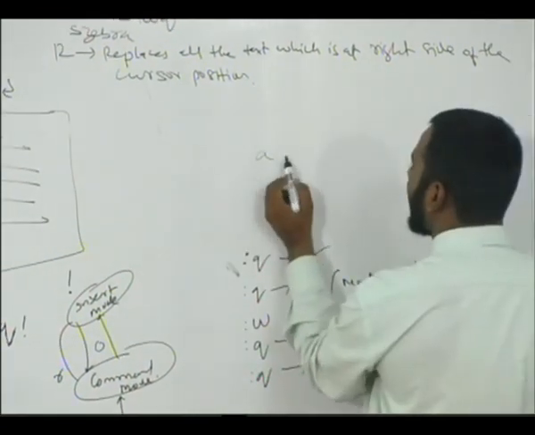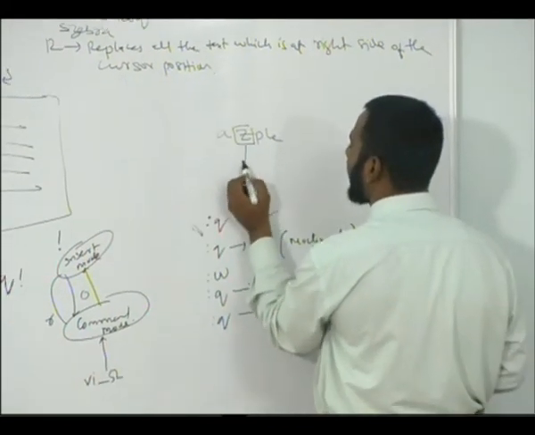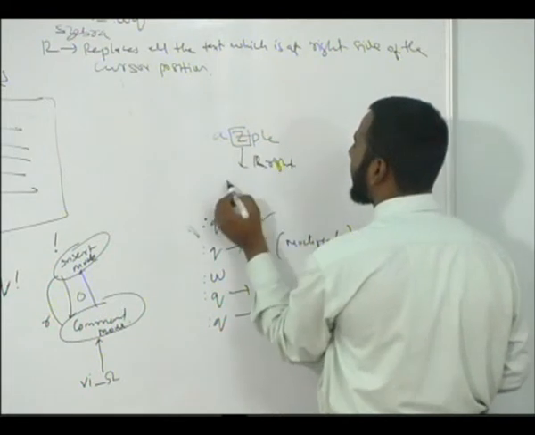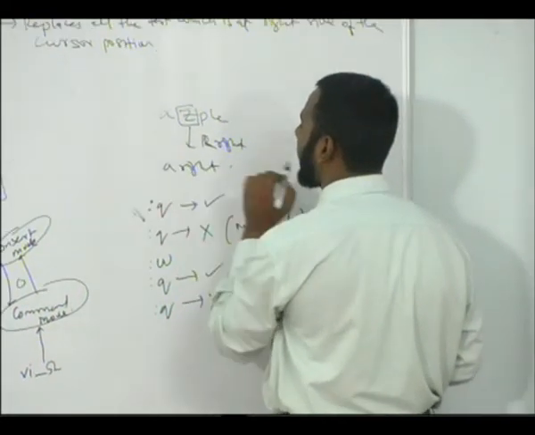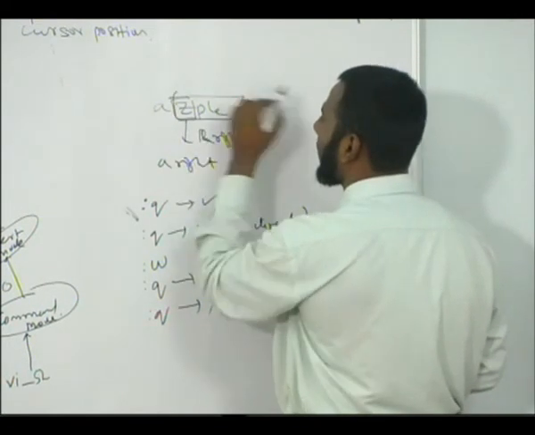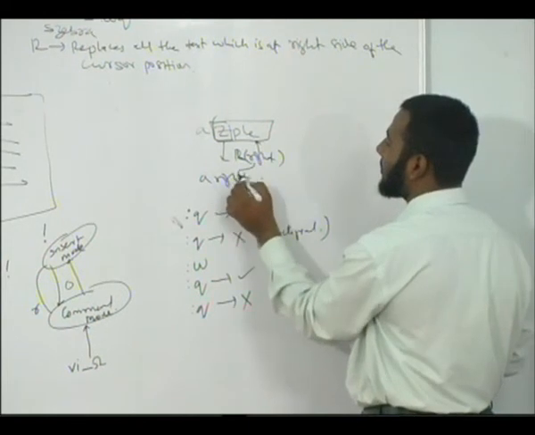That is, just now we have seen AZ PLE. Here is the focus. If I have written R with right, then ARIGHT will be the answer. This entire thing will be replaced. The right side of the cursor will be replaced with this word, which we have got here.